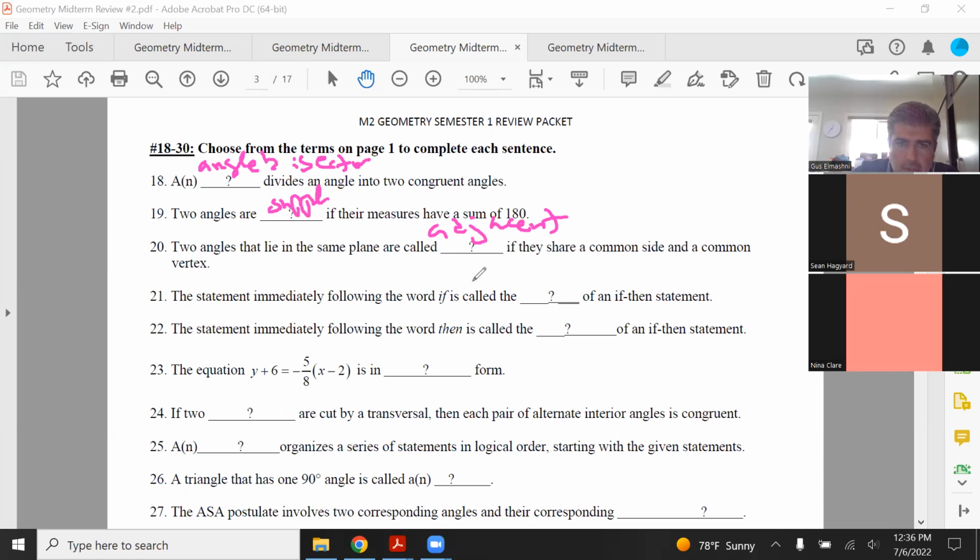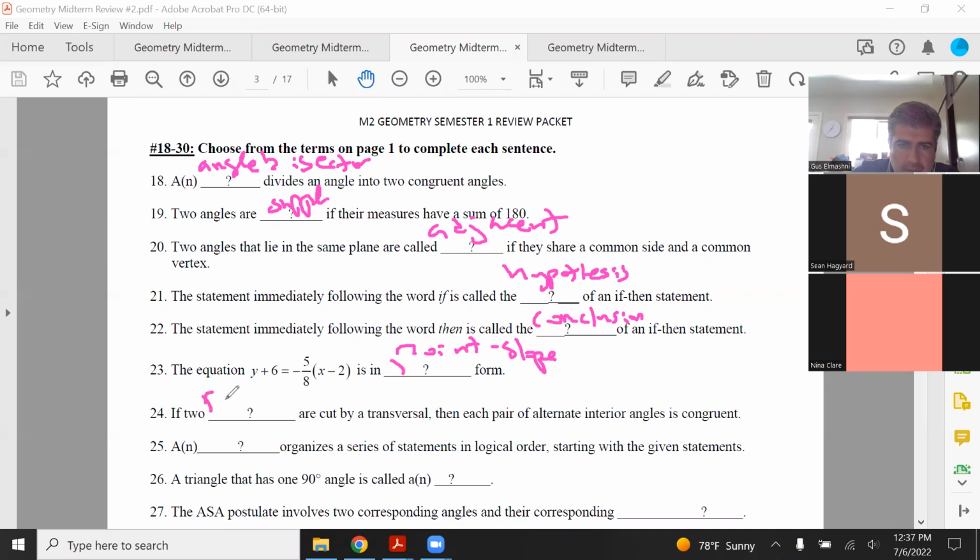The part that follows the word if is called the hypothesis. And the part that comes after then is the conclusion. We call this point slope form. If two lines are cut by a transversal, then each pair of alternate angles is congruent.